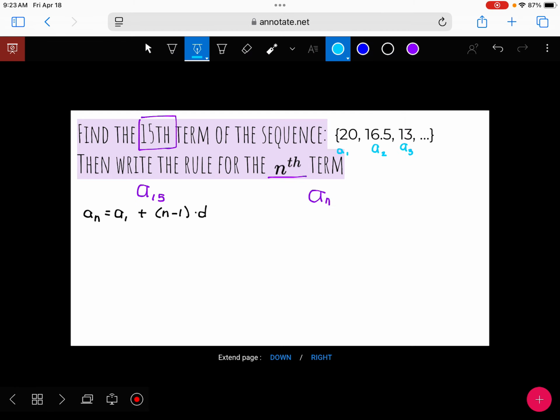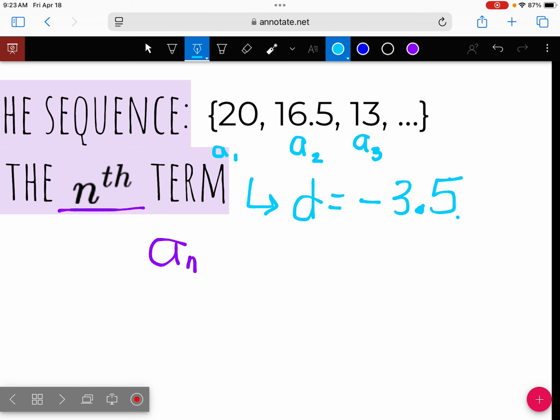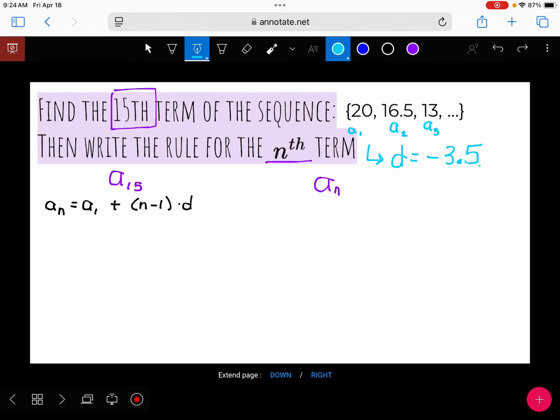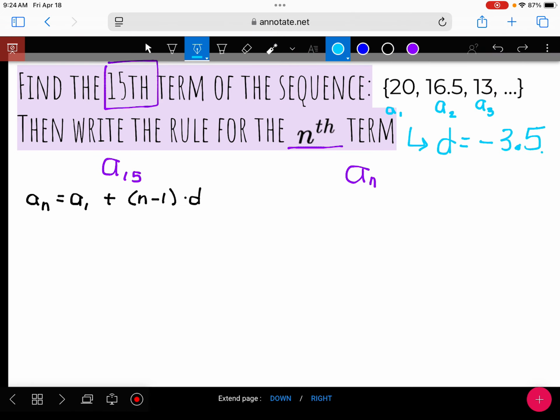What is our common difference on this thing? How is it changing? It's minus 3.5. This is the one that was subtracting 3.5 between each term. We had 20 minus 3.5 to get 16.5. Minus 3.5 gets us down to 13. So we're finding how it's changing. This is our common difference. That's this guy that goes right here.